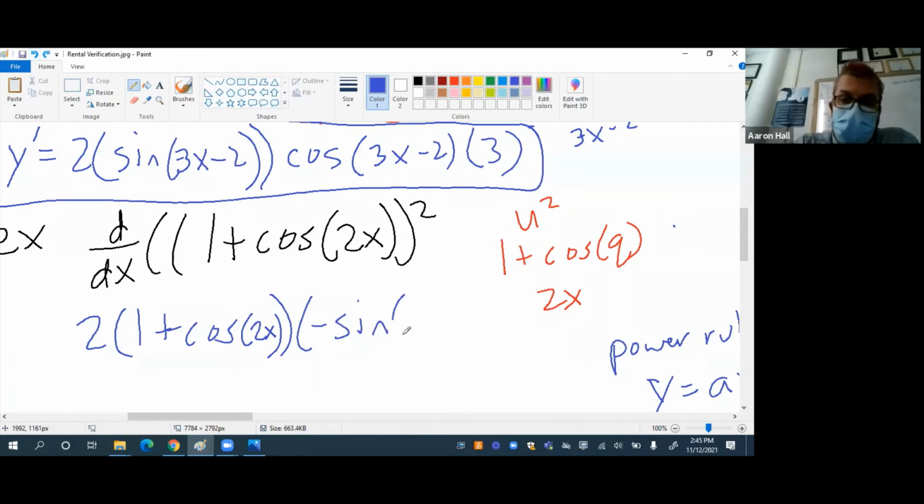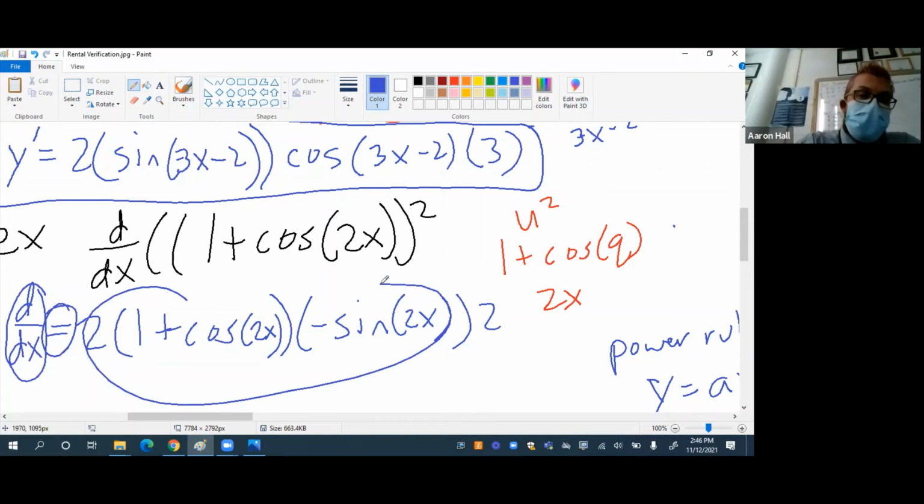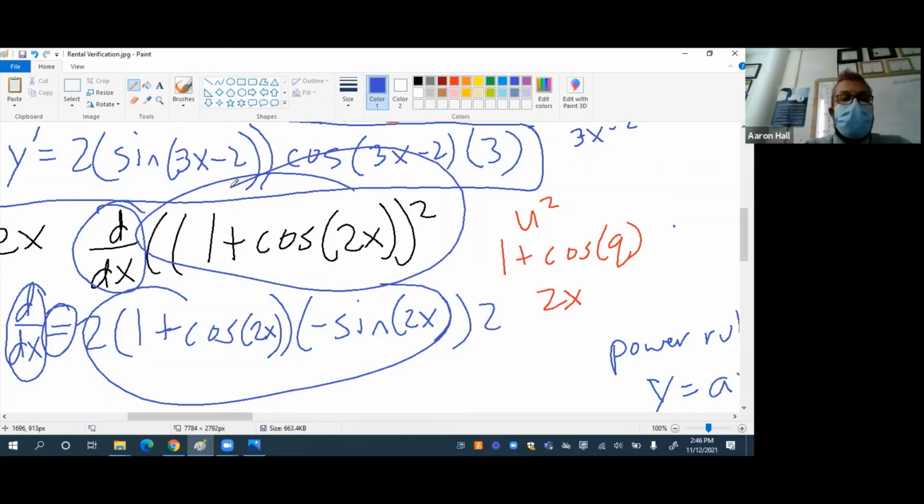It was this 2x. And now times the derivative of the innermost function, which is, Andrew? Yeah, just 2. And there you go. That is my d over dx. Now this derivative equals this. Over here, I'm saying the derivative of this function is what?